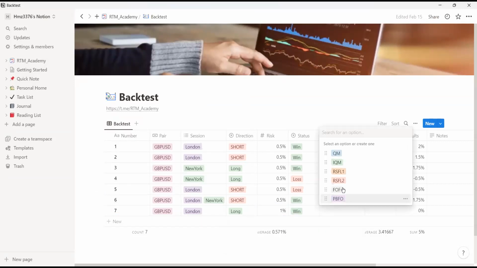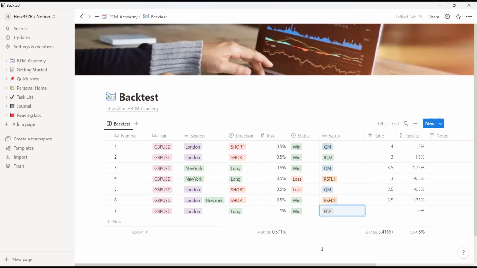The setup was the FOF, and the ratio was, for example, 4. You see that here, and after that you can add a new one, and you should record all of your backtests right here.